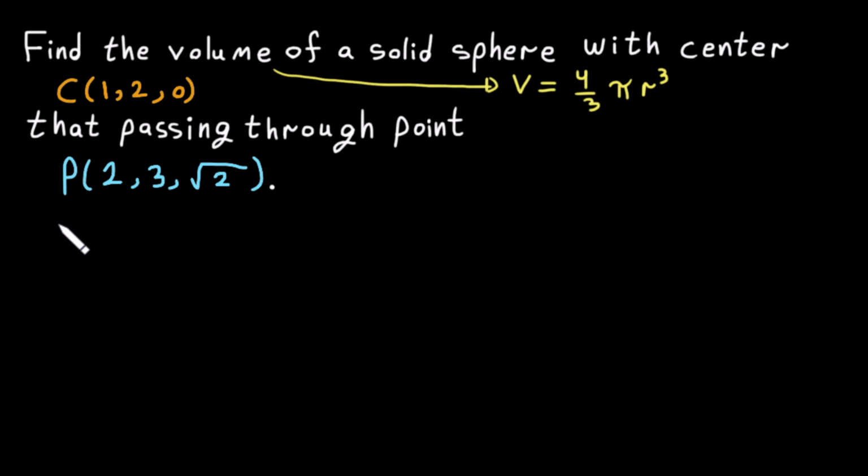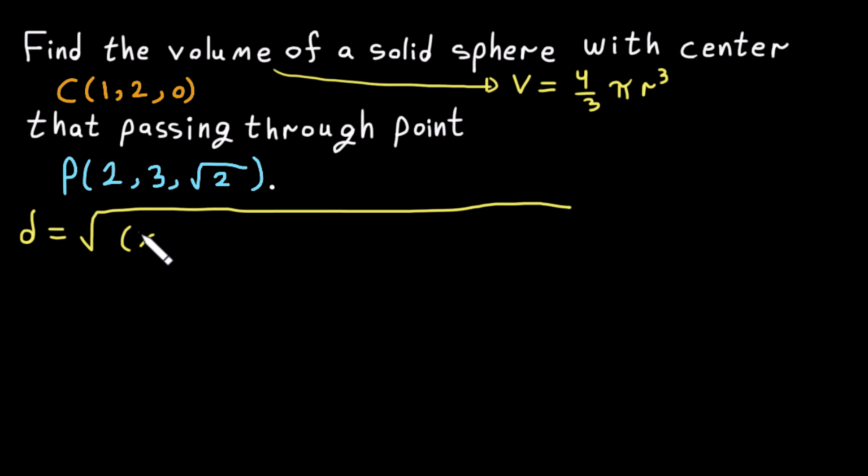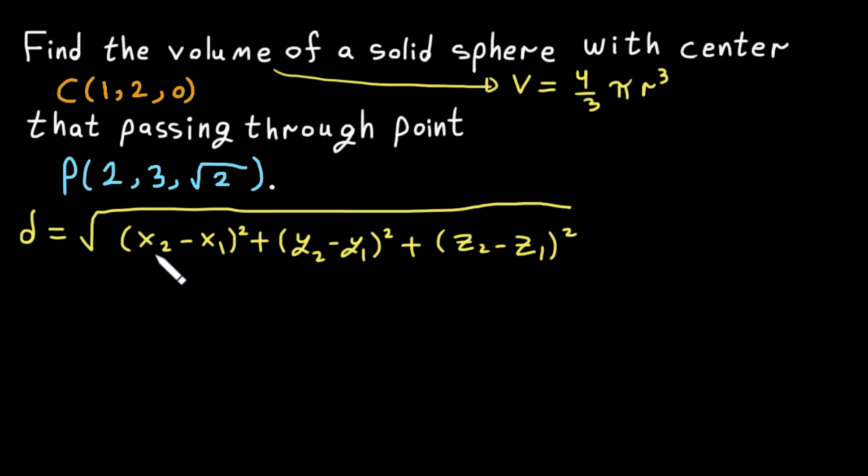The distance between any 2 points in 3D space has this formula: d equals the square root of the square difference in x values, which is x2 minus x1, the whole thing squared, plus the square difference in y values, which is y2 minus y1, the whole thing squared, plus the square difference in z values, which is z2 minus z1, the whole thing squared. What are x1, x2, y1, y2, z1, z2?